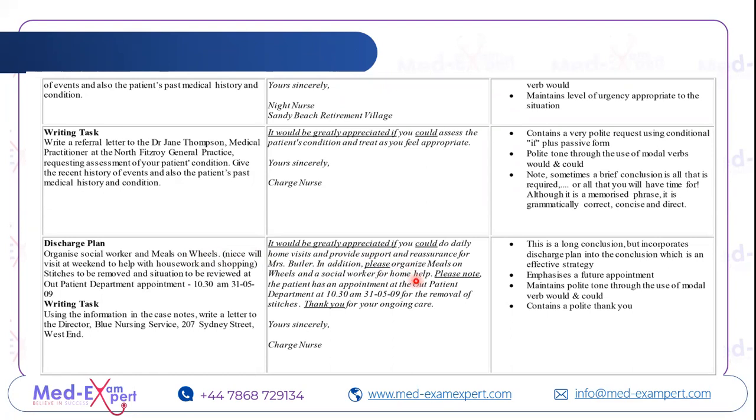So instead of the word help, you can use the word assistance here. That is much more formal. Okay, so the difference between formal and informal words. Please note the patient has an appointment at the outpatient department on this date for removal of stitches. Thank you for your ongoing care. Okay, so these are the formal statements which you have to use.